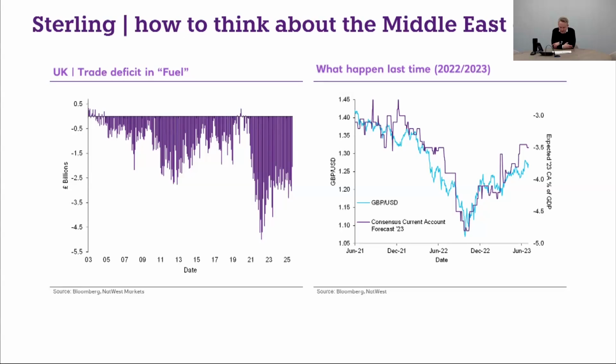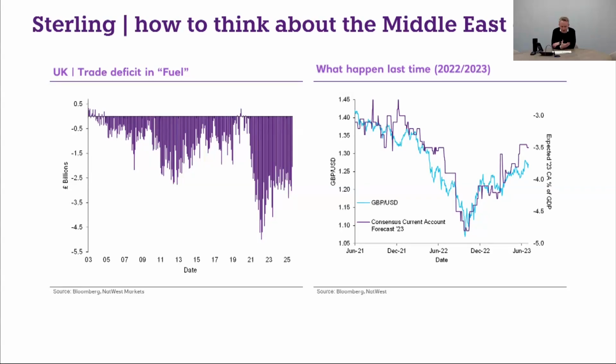And the right-hand chart is the relationship between sterling dollar and market expectations about how the trade deficits might deteriorate over time. And you can see as people priced in a really quite big impact on the current account trade balance here in the UK, sterling dollar slipped very significantly. And I think it just highlights how trade, net trade, terms of trade are important for the currency.